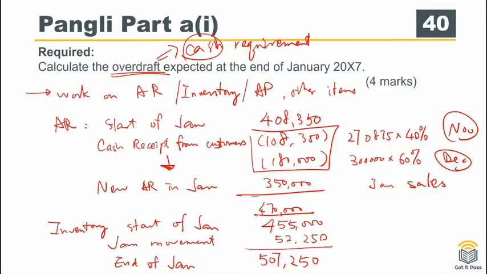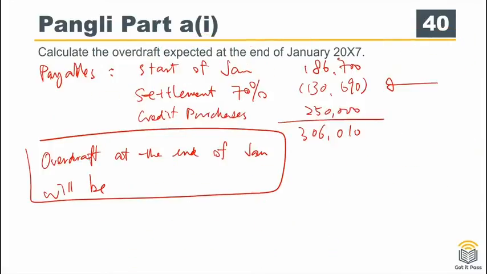I showed you the details in the workings so you can make your mind clear on the movement. In the exam, the movement is also one of the key steps to show your knowledge on the questions, especially on working capital management. So here I showed you there are cash receipts and also some new account receivables to get your final balance. Next are accounts payables, where I showed you the settlement of payables, which means the cash outflow.